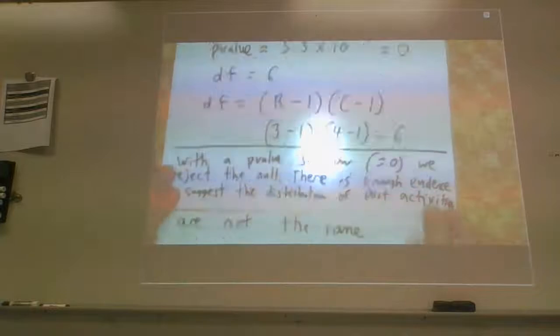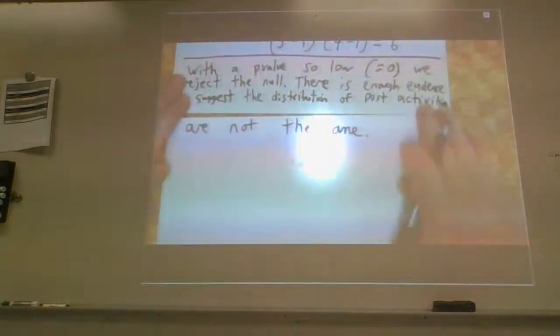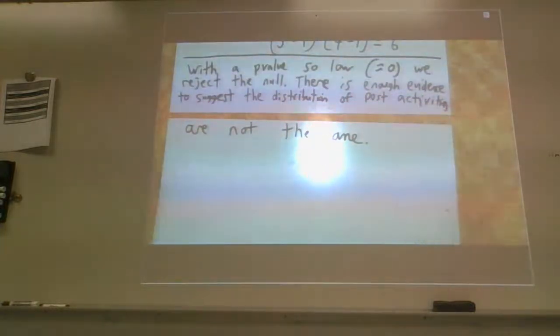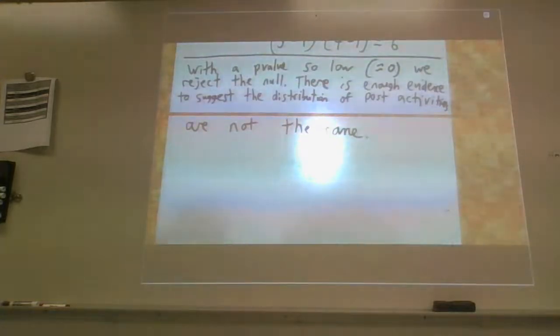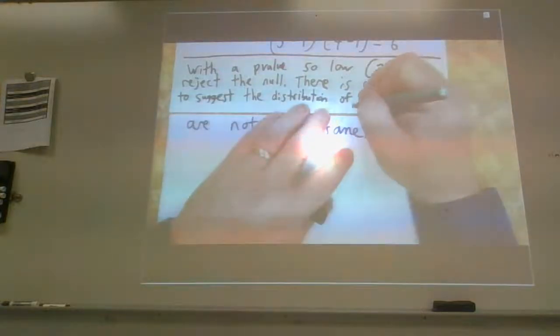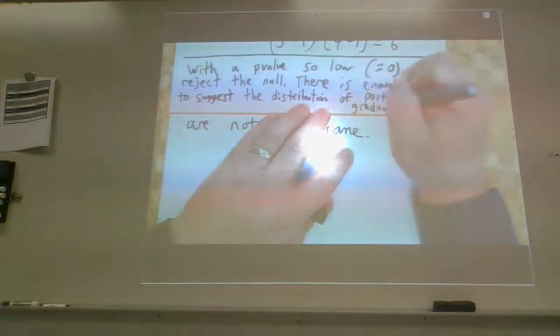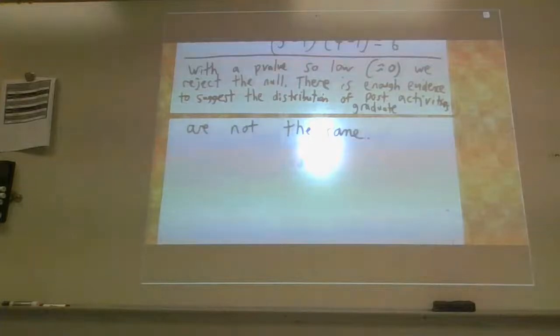There is a lot of evidence, but again, we can't go into that subjective kind of standard. We have to basically state something like this. There is enough evidence to suggest the distribution of, I said postgraduate, and I never wrote the word graduate, graduate activities are not the same.